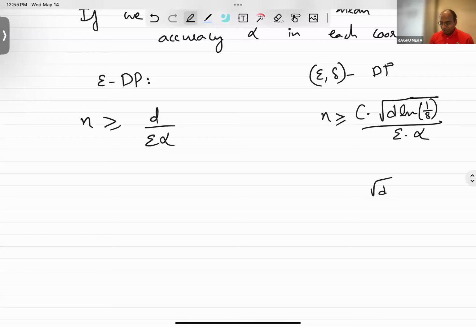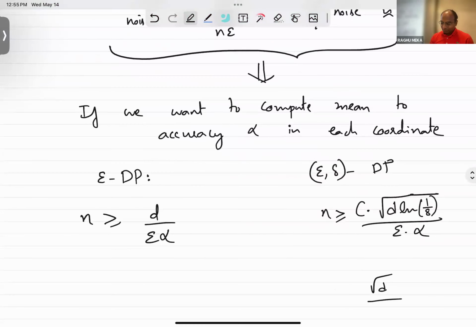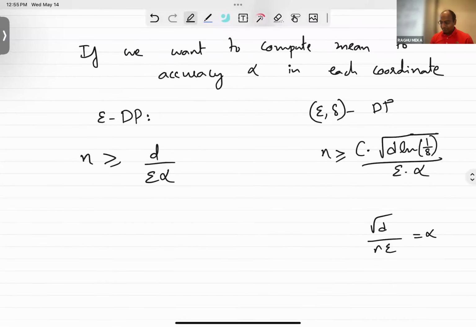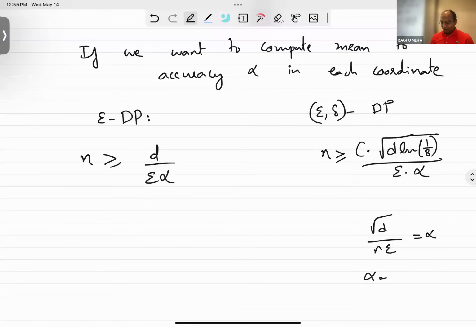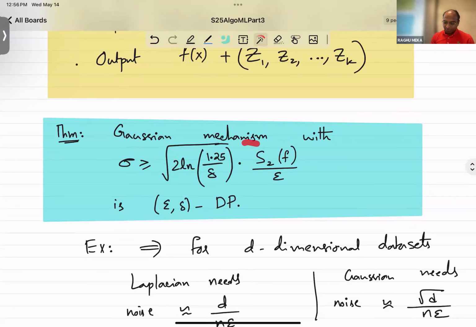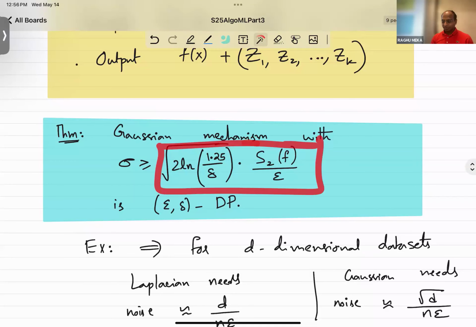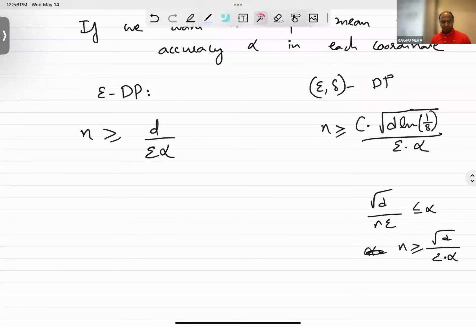So if I set square root d over n epsilon to be roughly alpha, then n has to be at least square root d over epsilon alpha. Basically it's coming from this expression. You need to use a union bound across the different coordinates, but it's not a big deal. What is the chance that it's bigger than this?